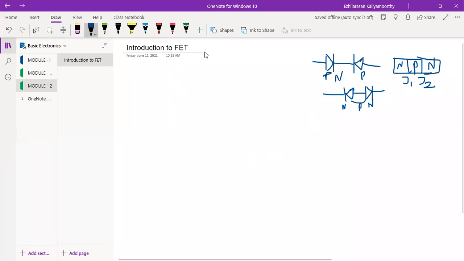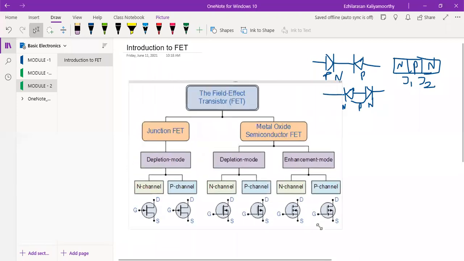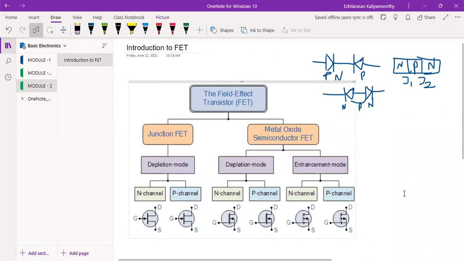Now, the FET can be classified into two different types. This is the main category of your FET.